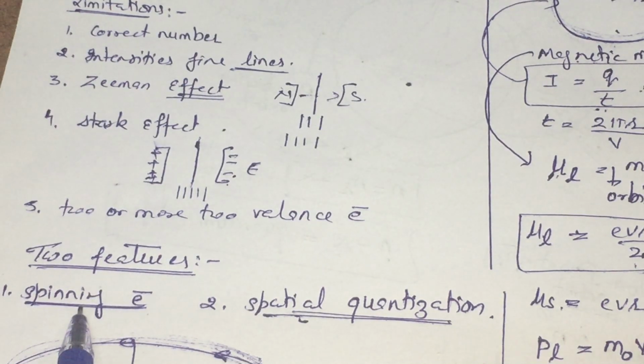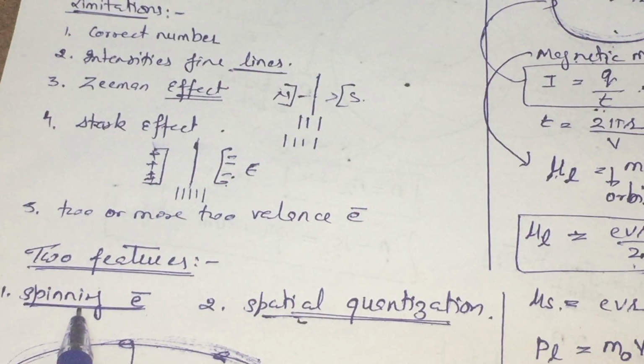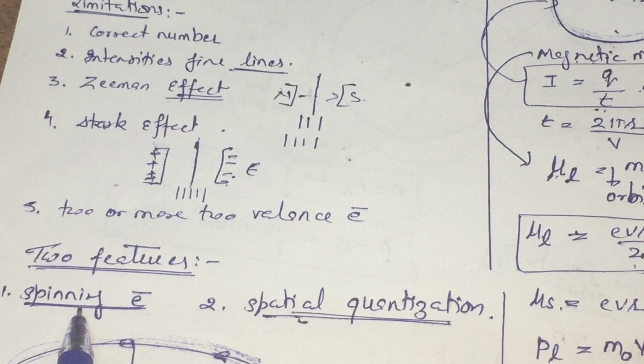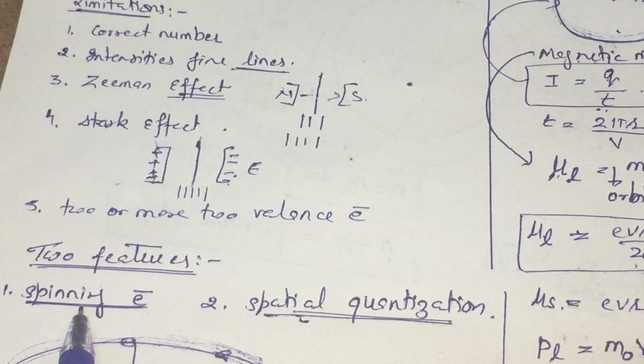One is the spin motion of the electron, due to which there are four momenta. Two are mechanical momenta, that is orbital mechanical momentum and spin mechanical momentum, and two are magnetic momenta, which are named orbital magnetic momentum and spin magnetic momentum.